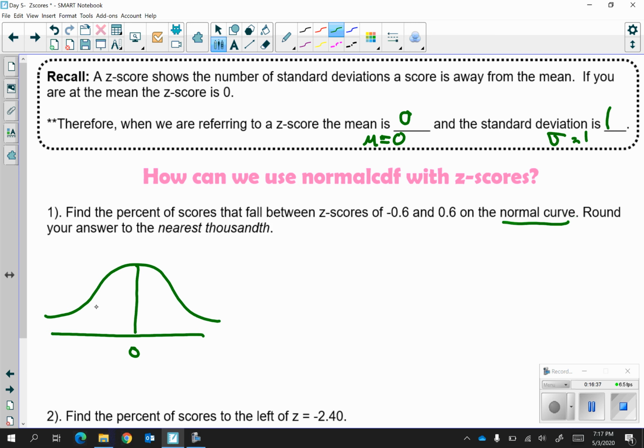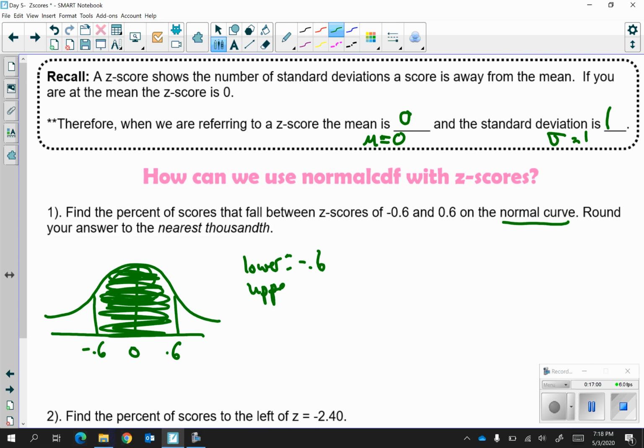From there, we're looking at negative 0.6 and positive 0.6. So we're finding this area. Now, our lower is negative 0.6. That's the lowest number in the shaded region. The largest number in the shaded region is 0.6.